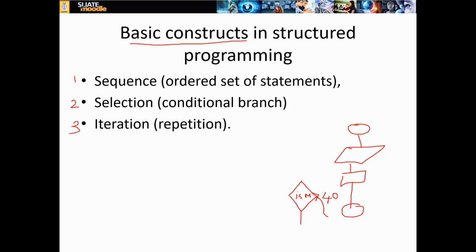I can't clearly draw it here, but I think you all know that this marks greater than 40 should go inside this diamond, right? Since it's difficult to write here, I had to write it outside. But you still know that for the yes option you will be directed to one side, and for no, you will be directed to another side.